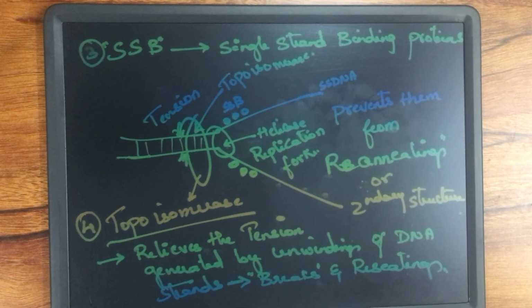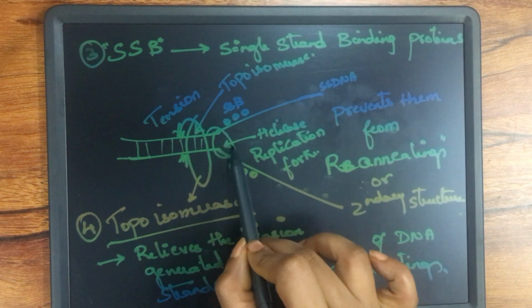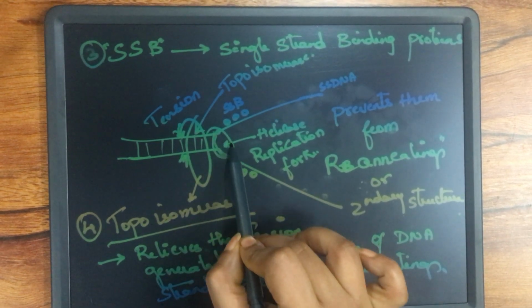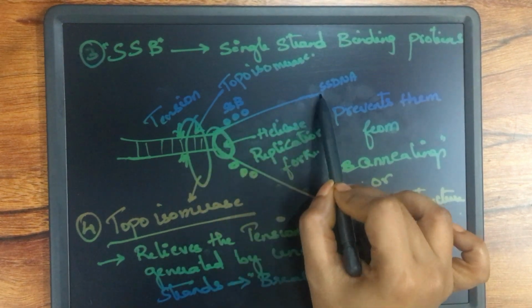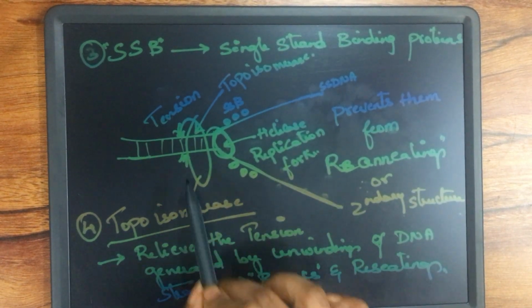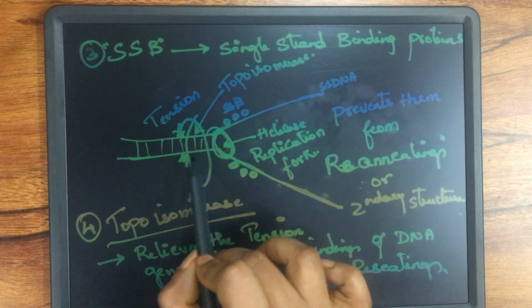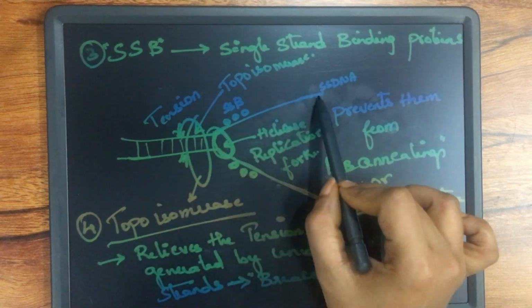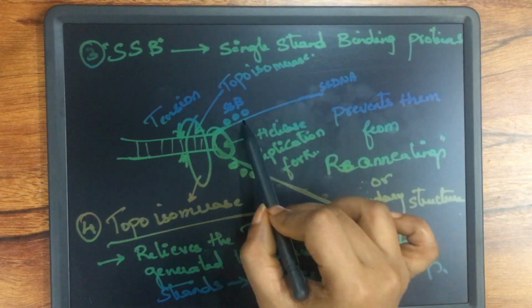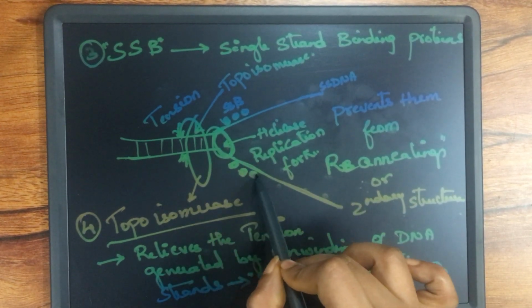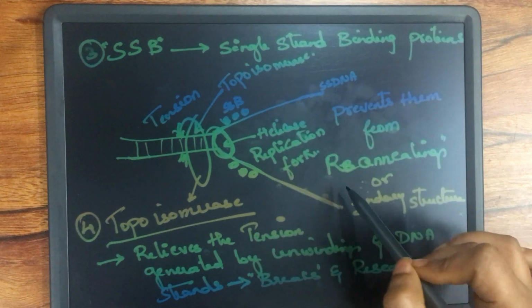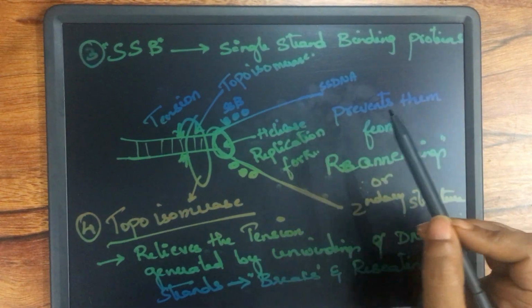Till here, what have we learned? We have learned that helicase first comes and binds at the origin of replication. It separates the double-stranded into single-stranded DNA by breaking the hydrogen bonds, and once this single-stranded DNA is formed, SSB proteins come and bind to it so that further rebinding or re-annealing is prevented.